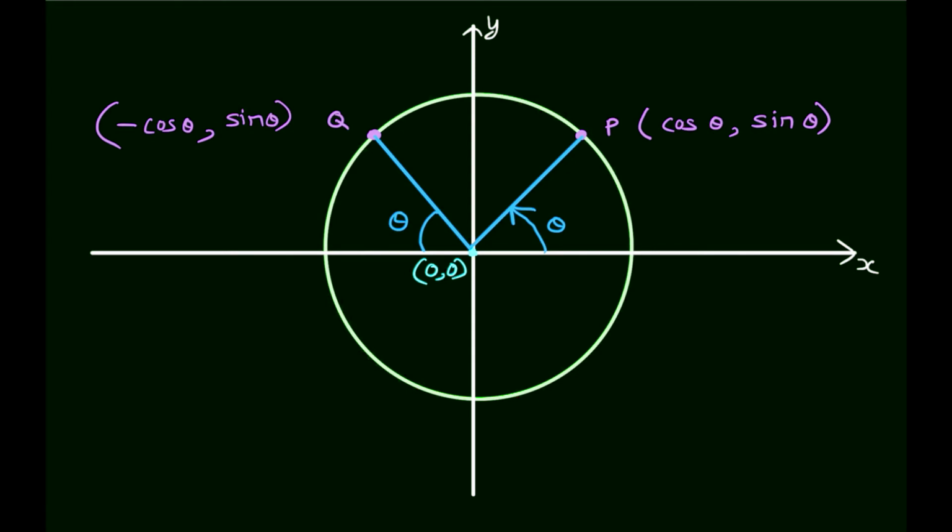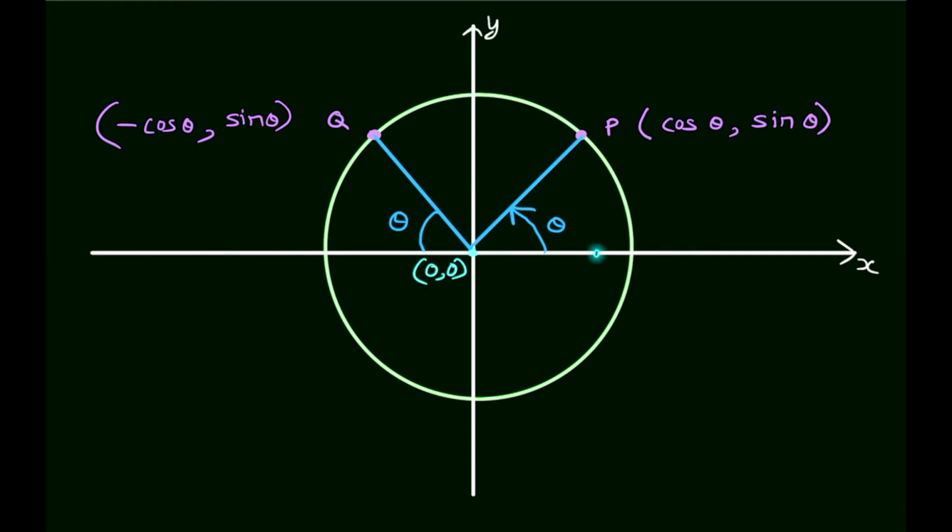In order to find the angle of point Q, I have to always measure the angle from the positive x-axis. I cannot measure from the negative x-axis. So I can either measure in anti-clockwise direction, or I can measure in the clockwise direction. This angle will also be the angle of point Q.